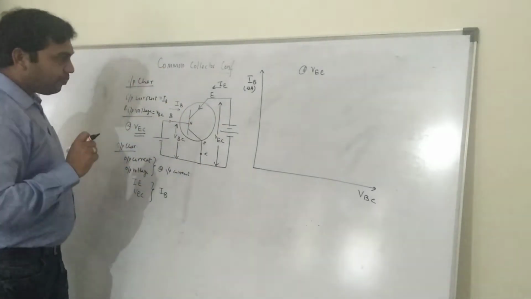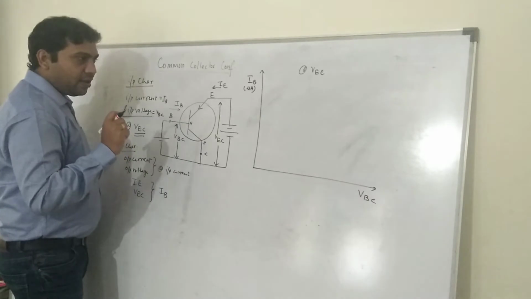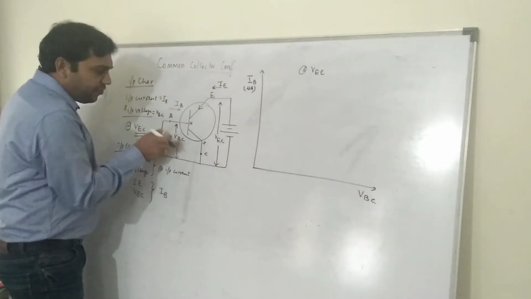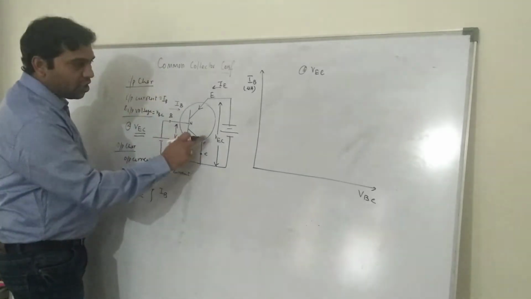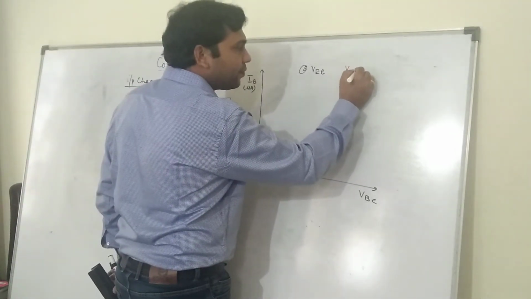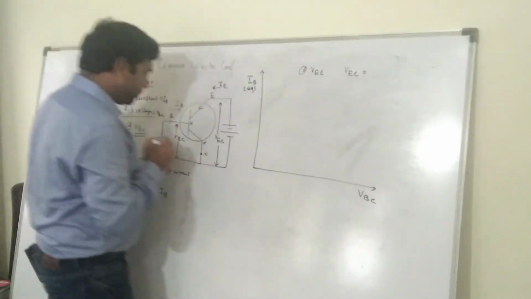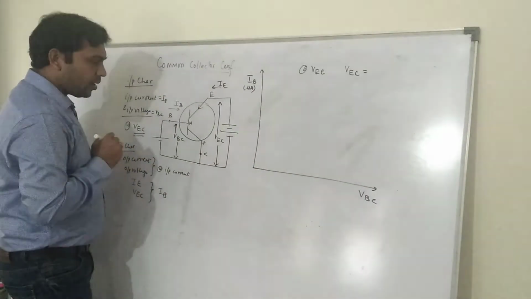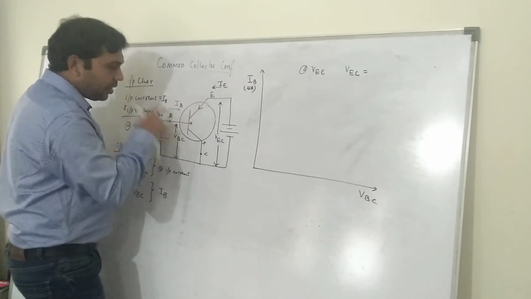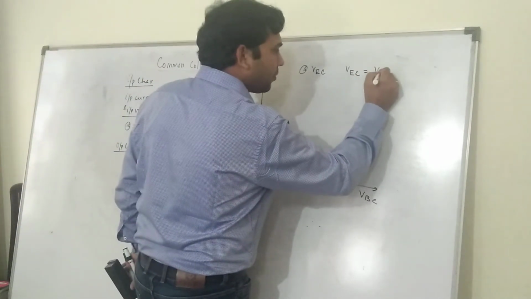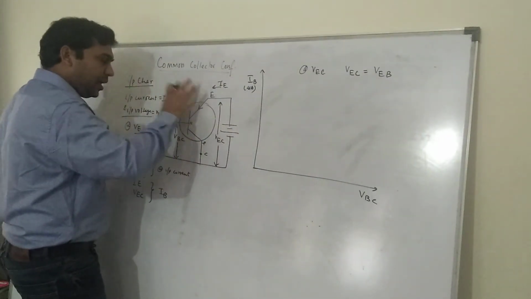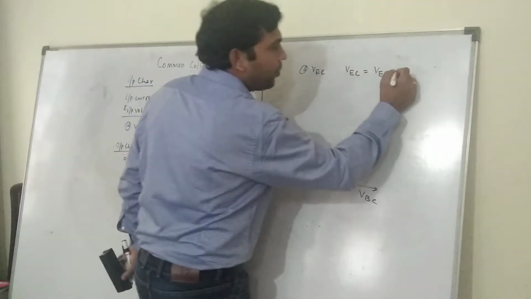Now find out one relationship between VBC and VEC. VEC is equal to VEB plus VBC.